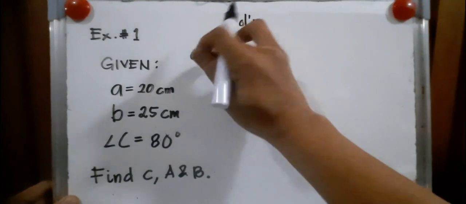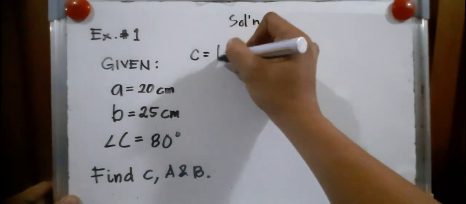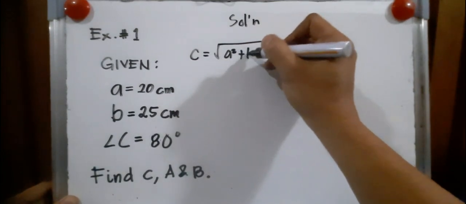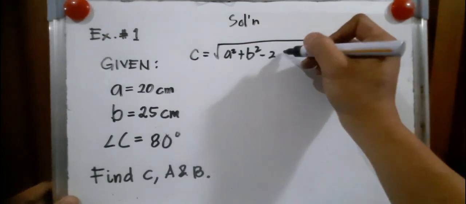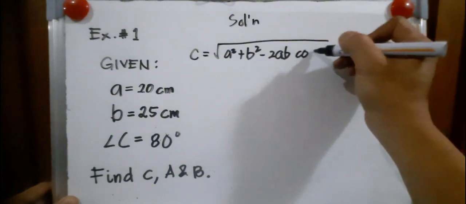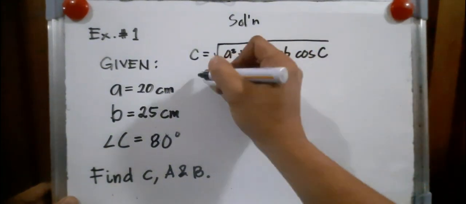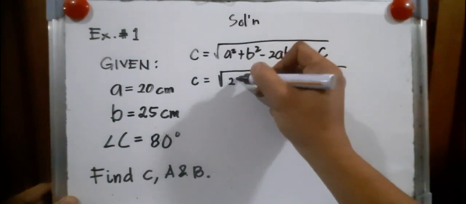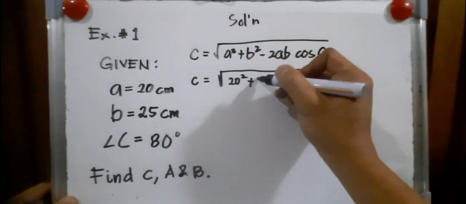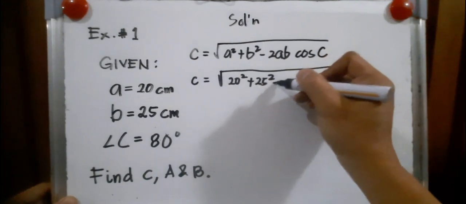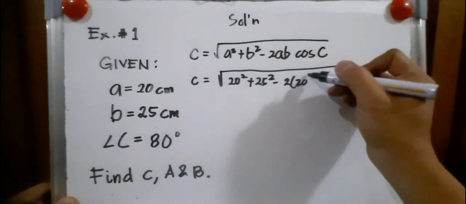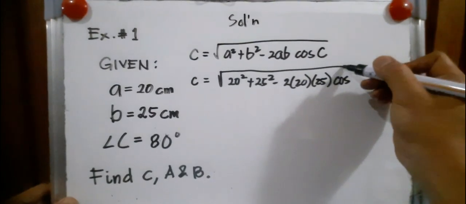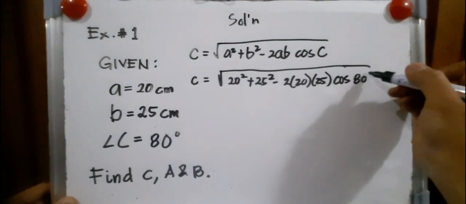We have c equal to the square root of a squared plus b squared minus 2ab cosine of C. Now c is equal to the square root of 20 squared plus 25 squared minus 2 times 20 times 25 times the cosine of 80 degrees.